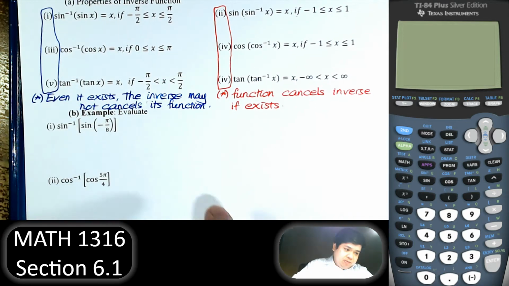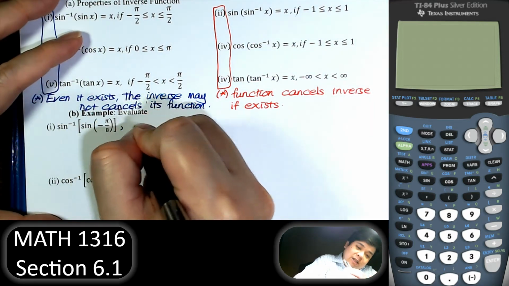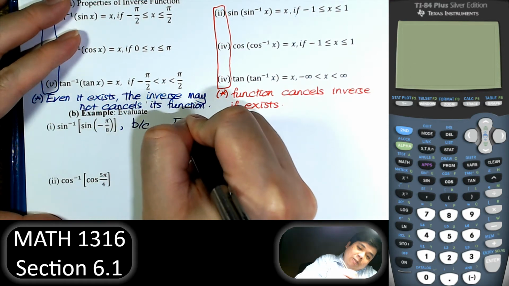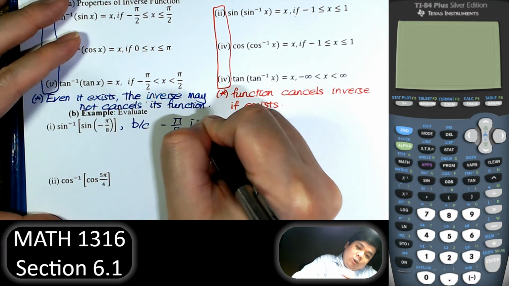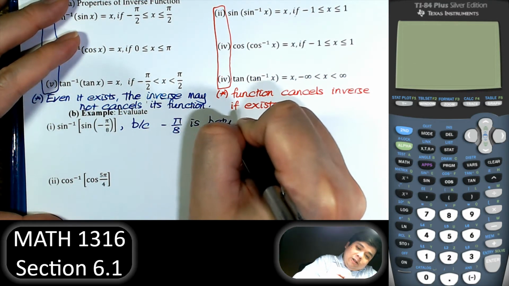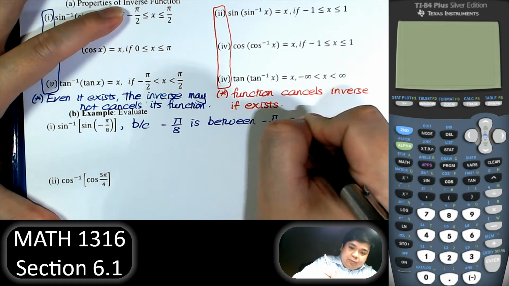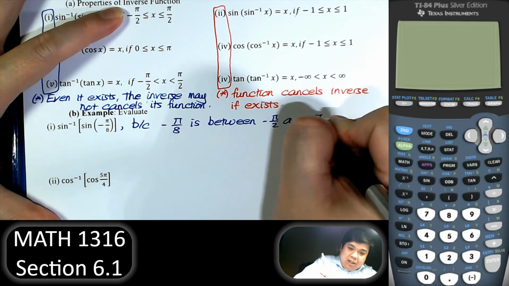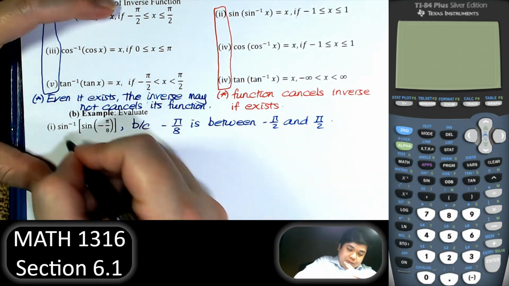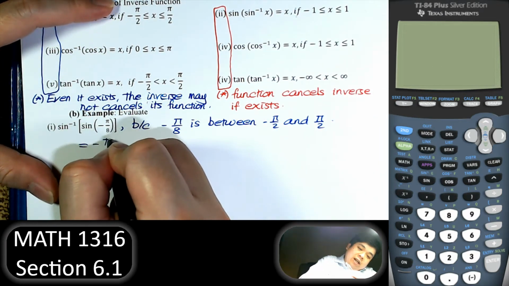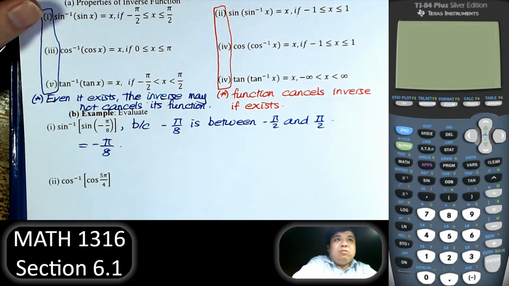So yes, because negative pi over 8 is between negative pi over 2 and pi over 2, it is in the domain. Then we cancel out and it equals negative pi over 8. That's easy.